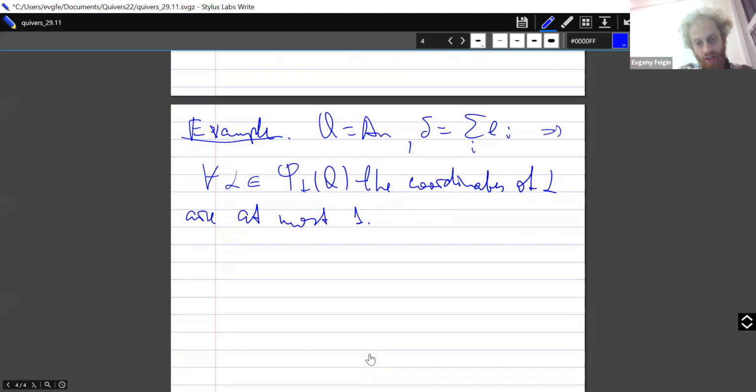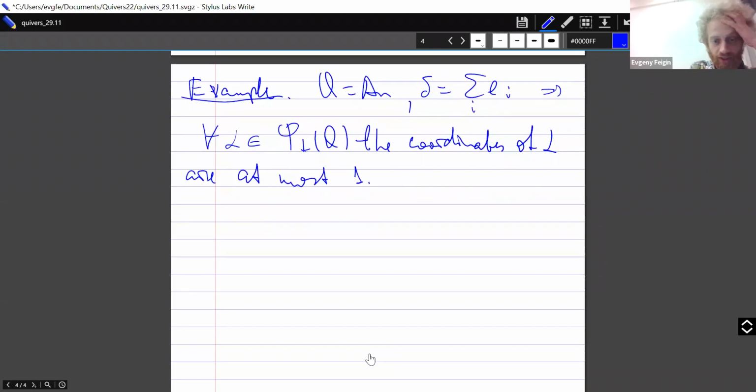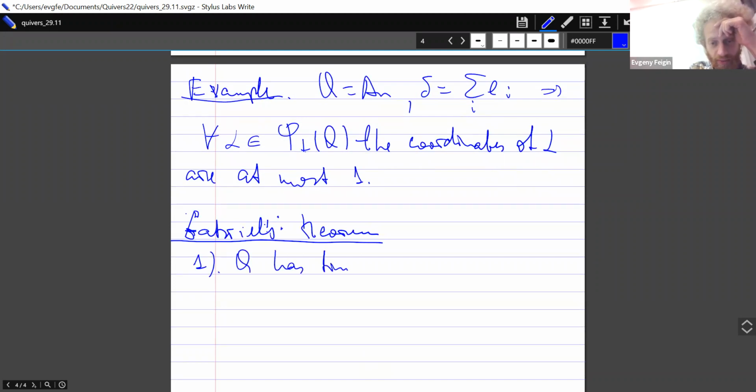Okay. Good. So now we are ready to prove one of the central theorems of the course. This is Gabriel's theorem. And the claim is as follows. First of all, Q has finitely many indecomposable representations if and only if Q is Dynkin.